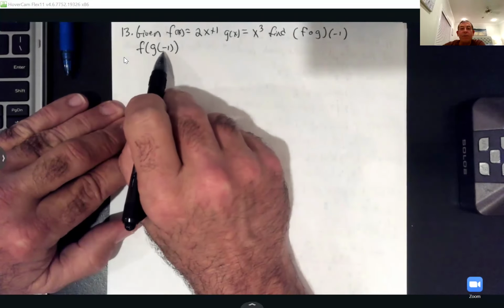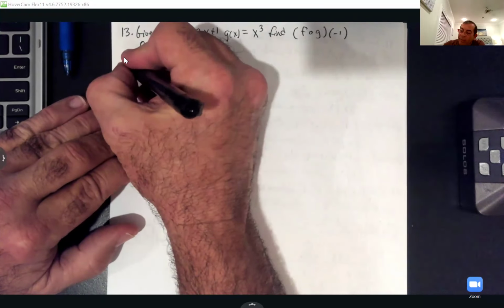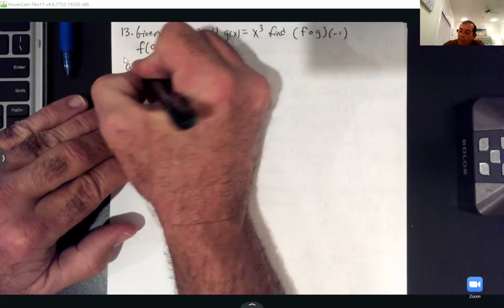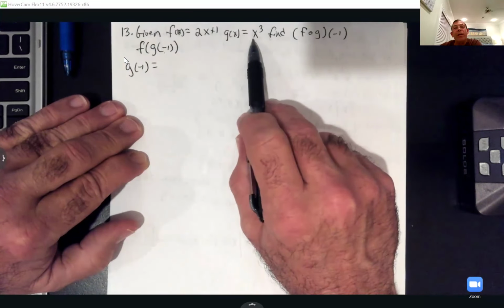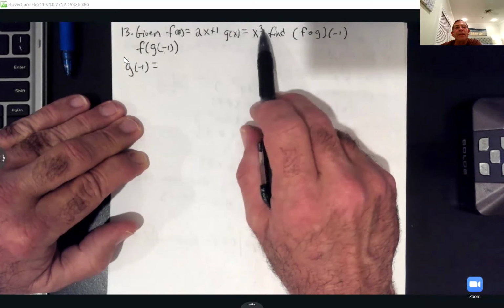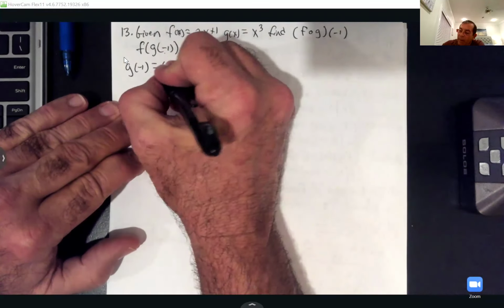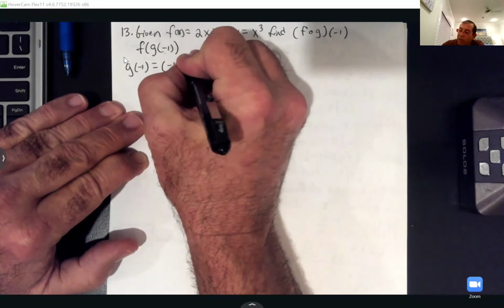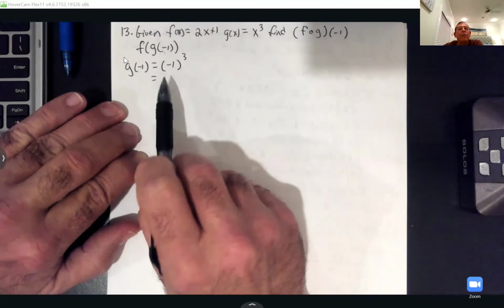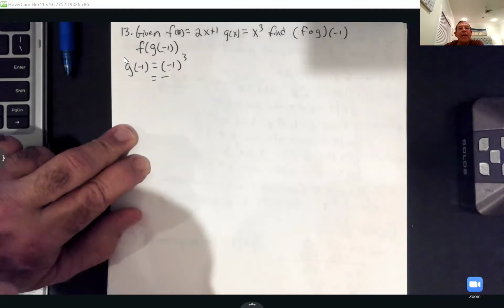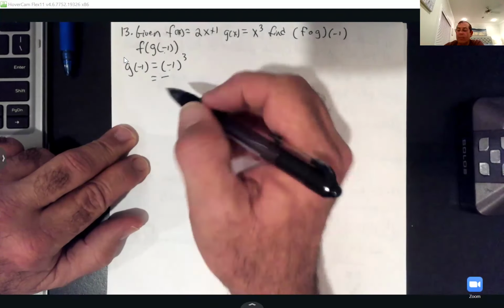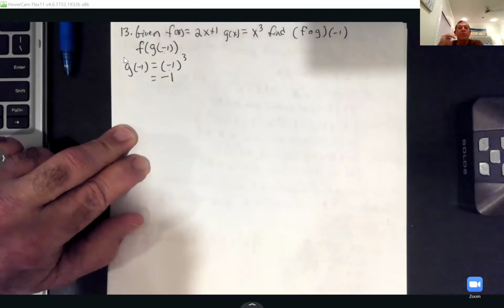Okay? So first is the g of -1. So g of -1 will equal me putting a -1 in for that x and then cubing it. So -1 to the third power. Well, y'all, negative times negative times negative is a negative, and 1 times 1 times 1 is 1.